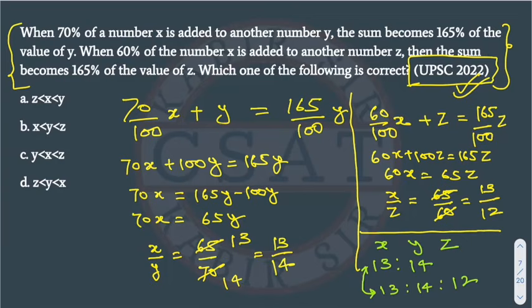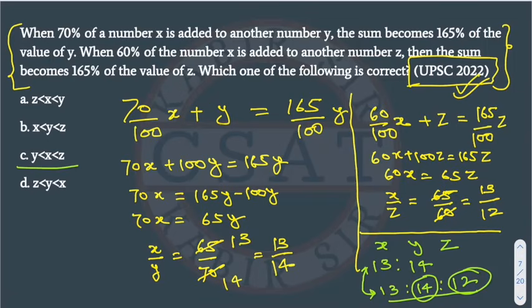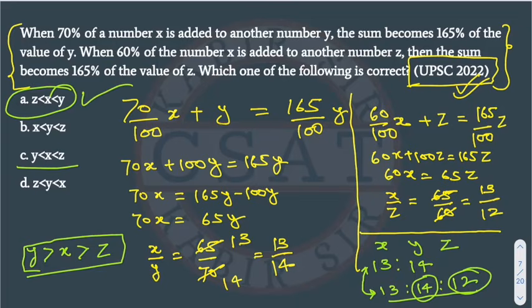Now here we can see the largest number is 14, which is y, then x, and the smallest is z. So this will be our answer. This is option A, right? So option A is our answer.